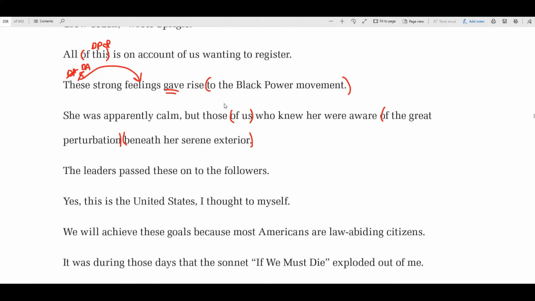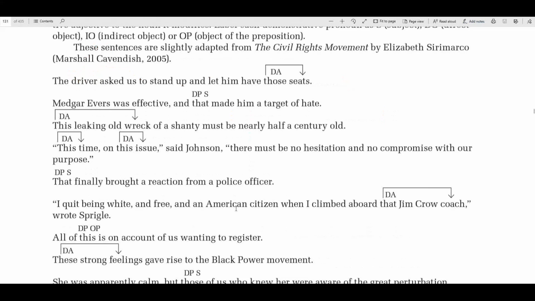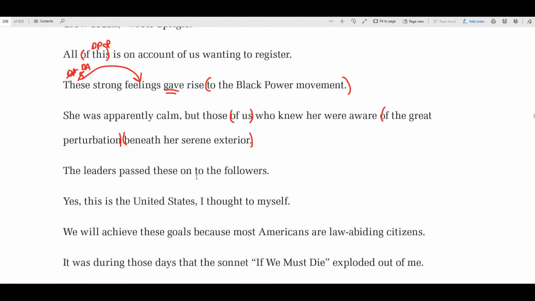I'm lost on this one. Let's see what it is. Ah, that's what I was going to say. But those of us takes the place of the subject, which makes it a demonstrative pronoun. Okay, those of us who knew her.